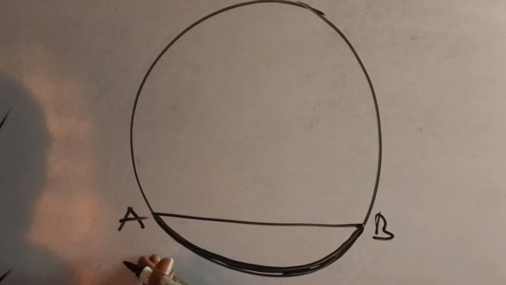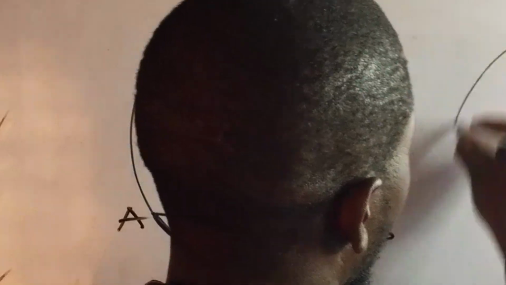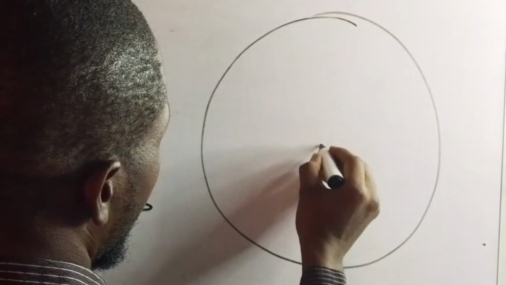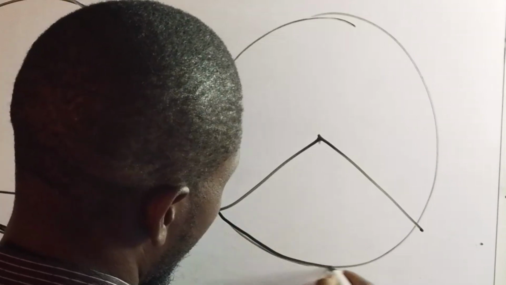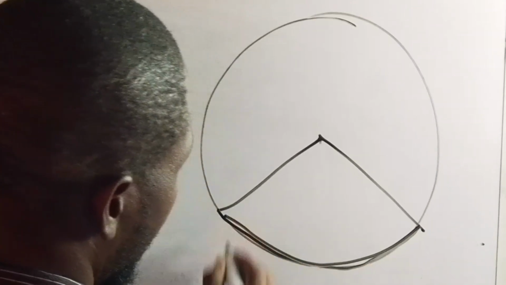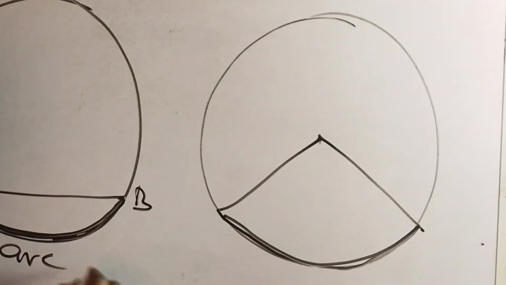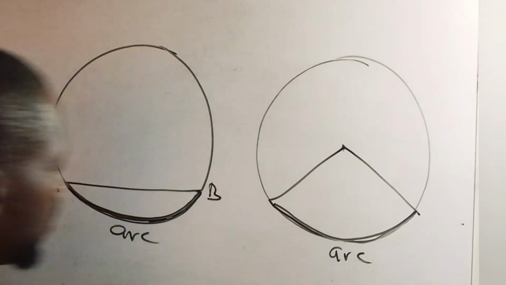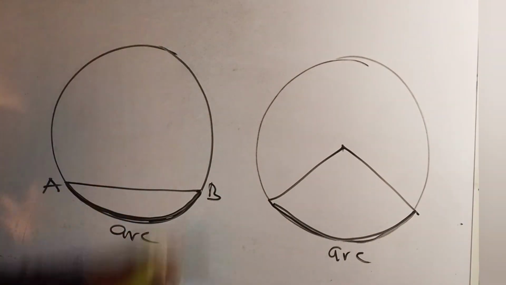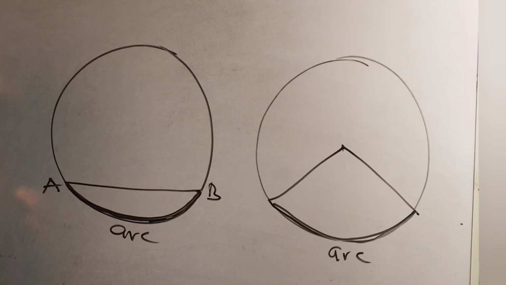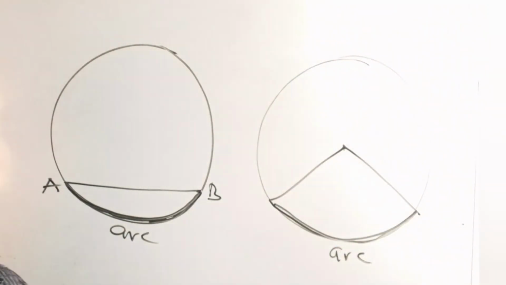It could be divided by a chord or divided by radius. This is our arc. So this is arc, part of the circumference. And you can have the minor arc and the major arc, just like we had in the other ones. So the arc is also part of the circumference.